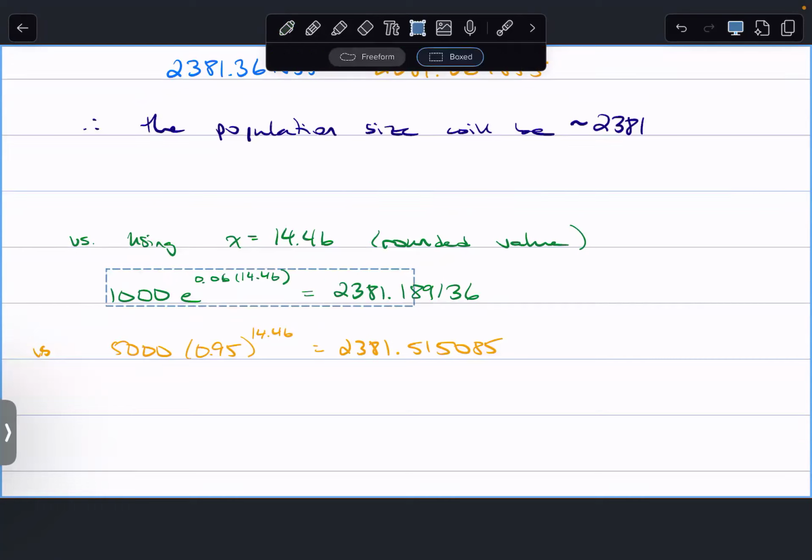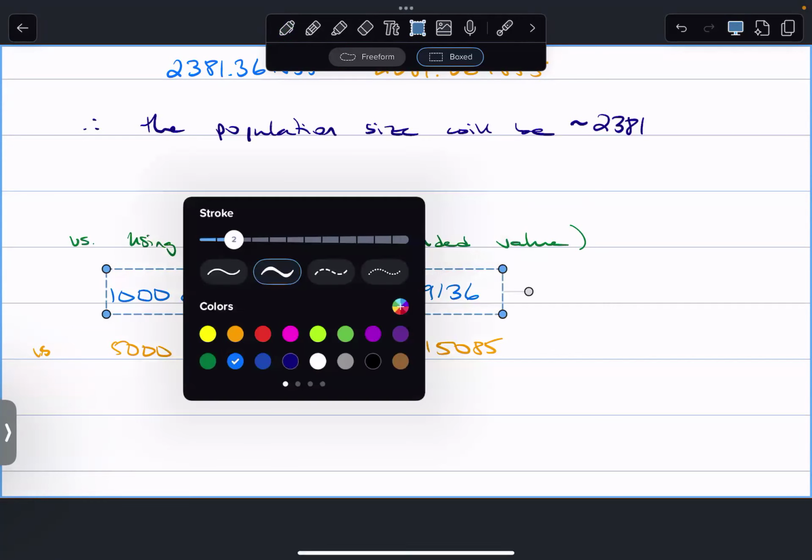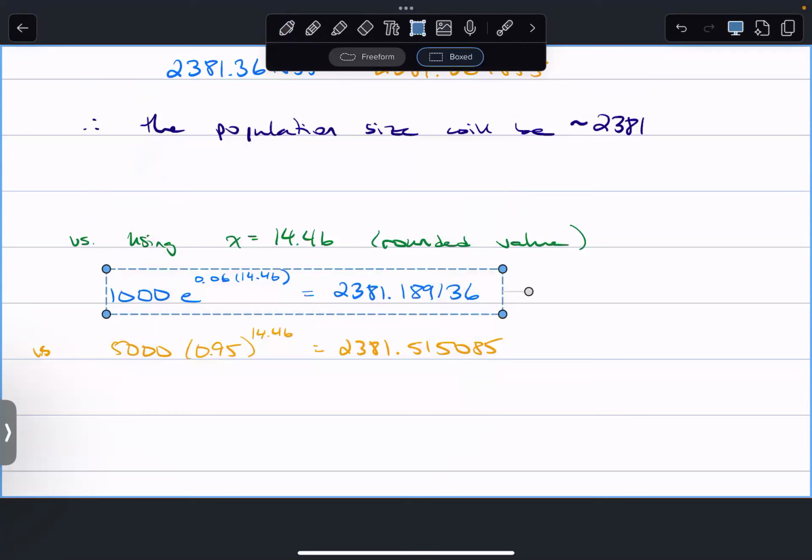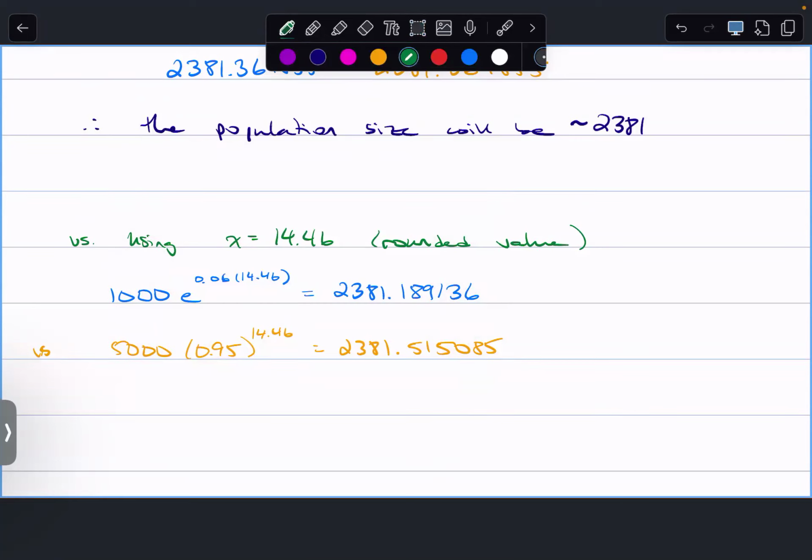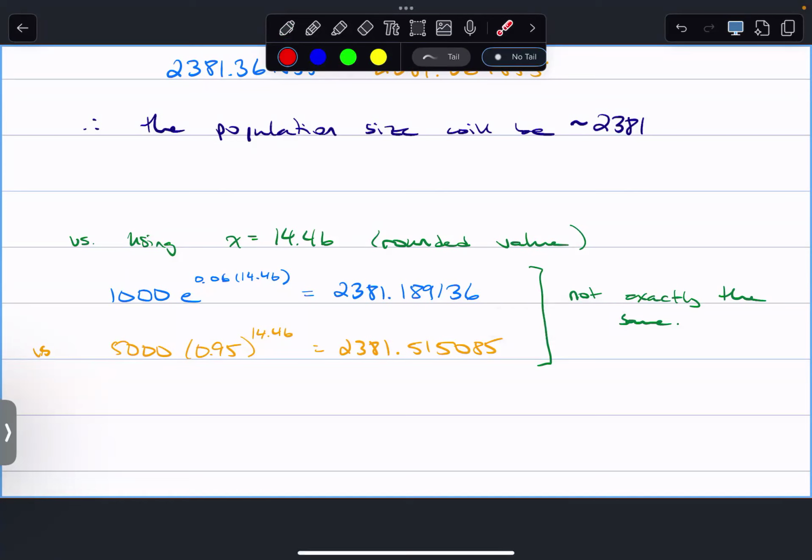Hey, I used blue for this one, just to show that they're not exactly the same. And you want to be careful with rounding, right? This one would round to 2381 and this one would round to 2382. Does it really matter? Not really, but just something to keep track of. So when you can, use your store function and use the exact value to get the exact same answer.